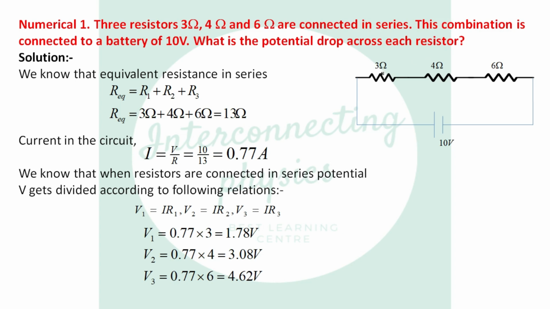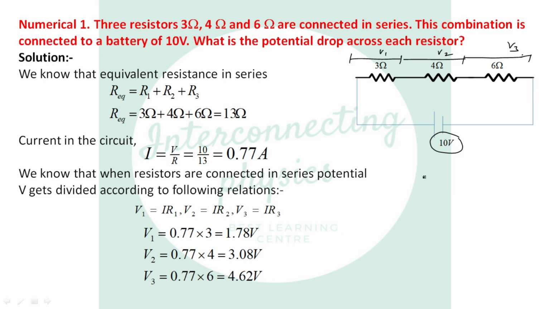Now you know very well that in series combination, current remains the same across each resistor and potential gets divided. That means this 10 volt potential has been divided among 3 resistors. Let us say V1 is given to 3 ohm, V2 is given to 4 ohm, and V3 is given to 6 ohm.